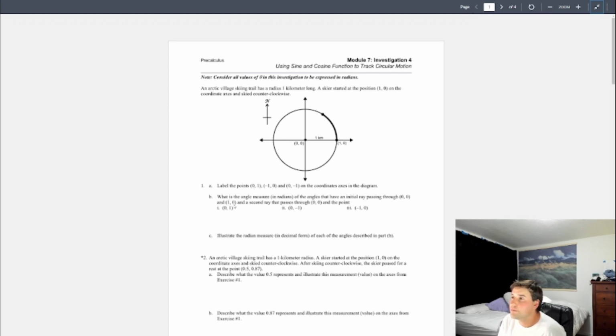Pi over 2. So what's that? 1 point. Pi is 3.28. So 3.28 divided by 2 is like 1.64? No, 1.69. Let's see if that matches up real quick.